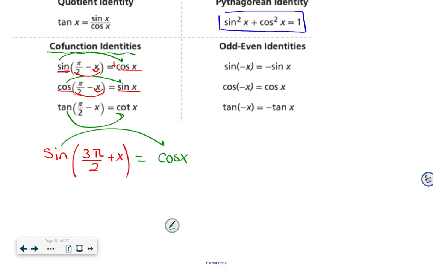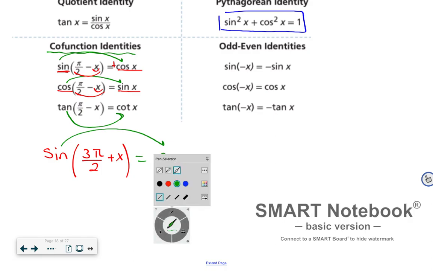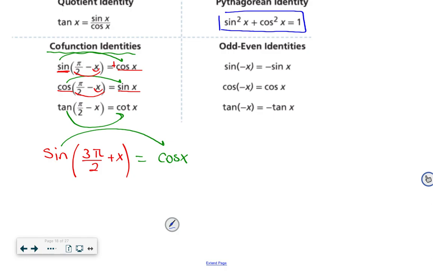Okay, how am I going to determine the sign of the cosine function? To be able to determine the sign, you need to check the original function. This angle is located in which quadrant? In the fourth quadrant. In the fourth quadrant, what is the sign of sine function? Which is negative. So the answer is going to be negative cosine x.